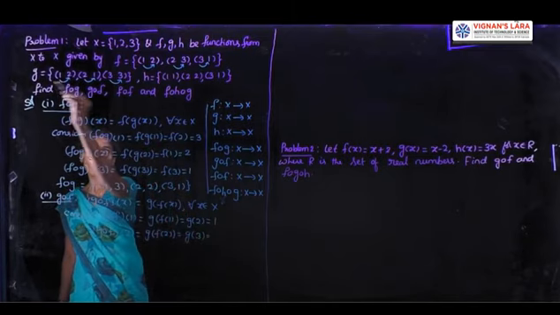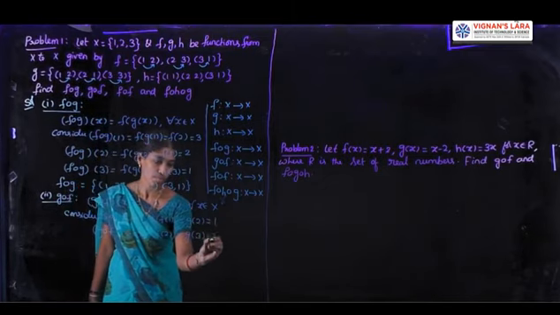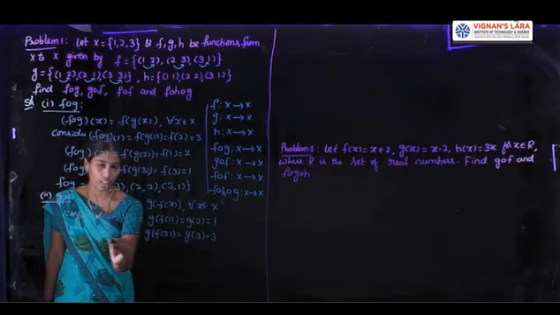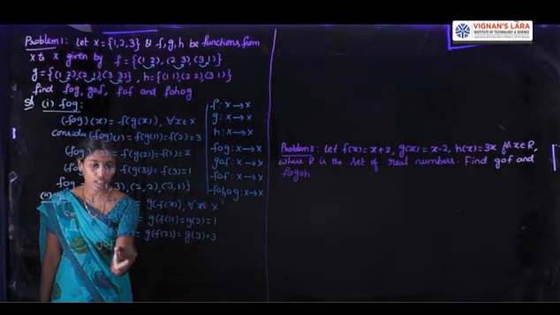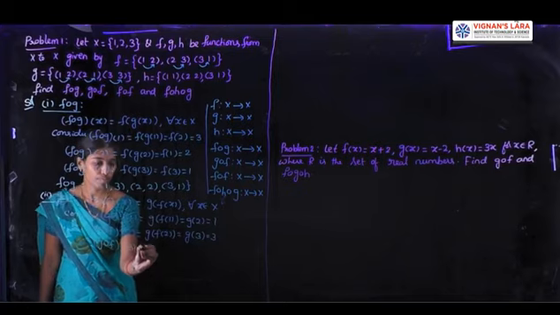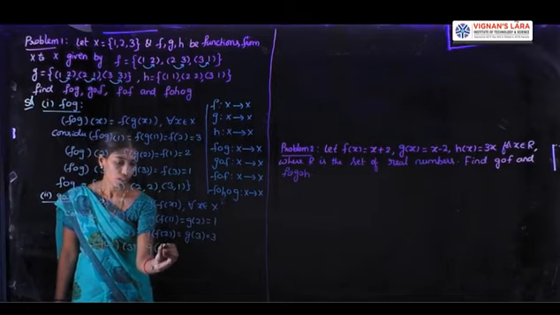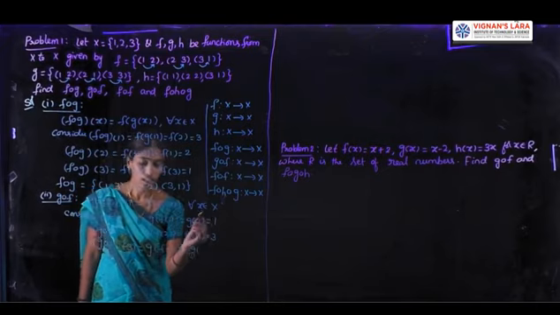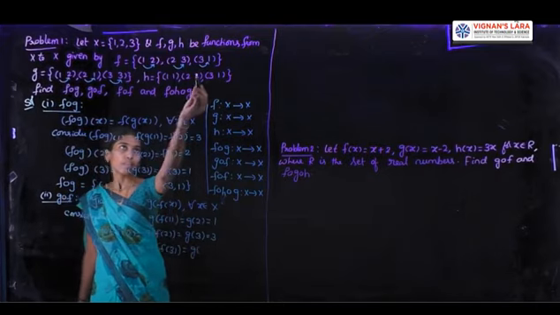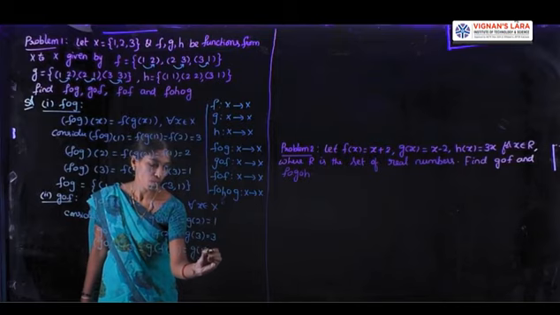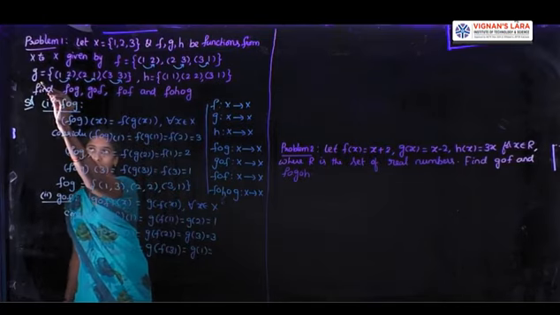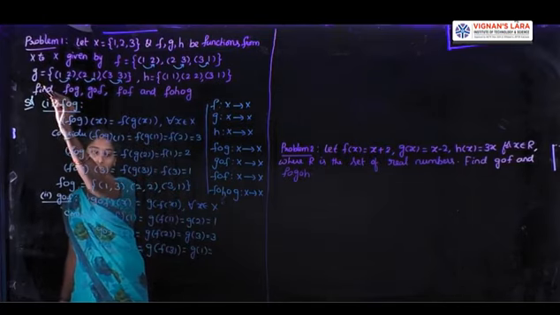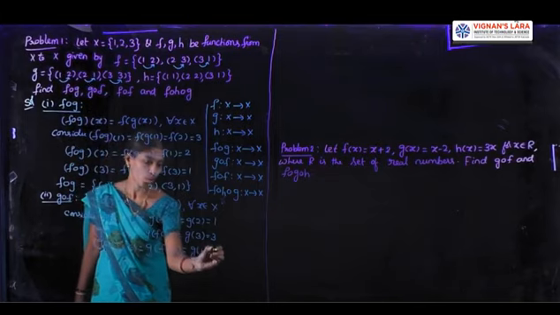Under the relation G, 3 is mapped to 3. So G of 3 is 3. Next one, G circle F of 3, G of F of 3. Under the relation F, 3 is mapped to 1. So G of 1. In the mapping of G, 1 is mapped to 2.